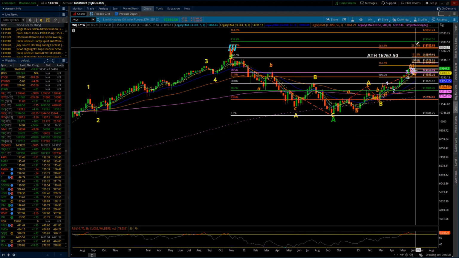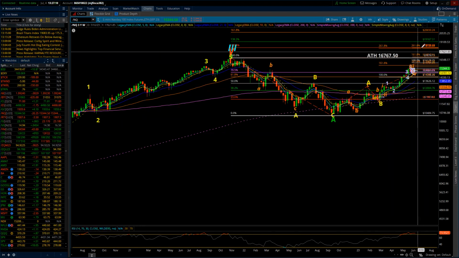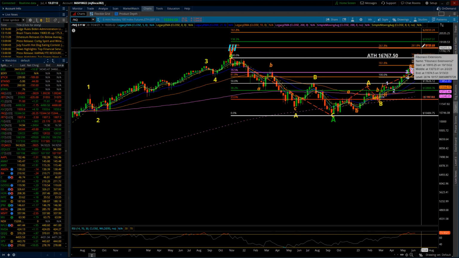The minor fifth wave would be 2.618 times the length of minor wave A, again up here at this level at 18,200.